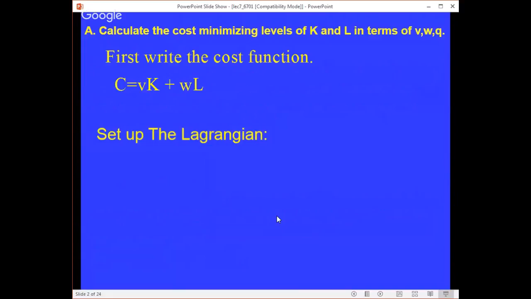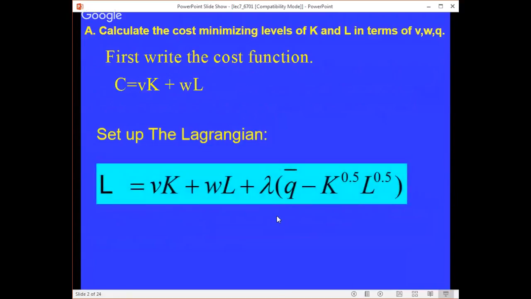Okay, so I'm going to set up the Lagrangian. Here it is. I like the little fancy L, but the font always gets screwed up. So here I have V times K plus W times L plus lambda, our Lagrangian multiplier, times our constraint, Q minus K to the 0.5, L to the 0.5.